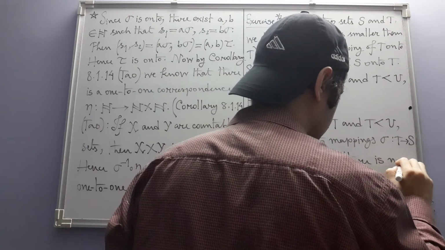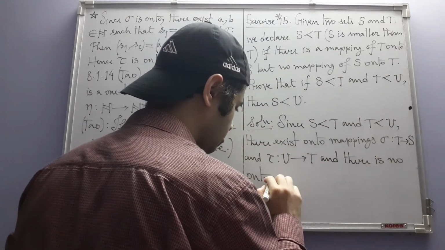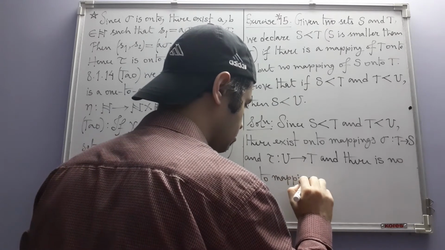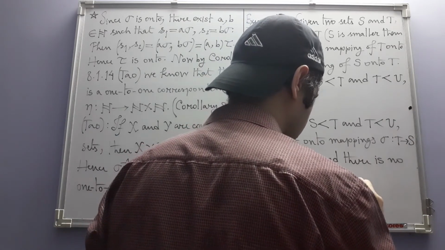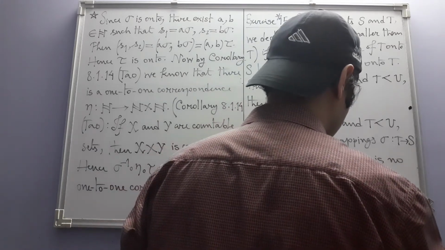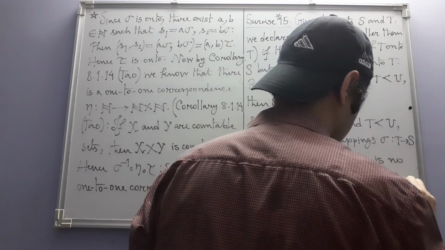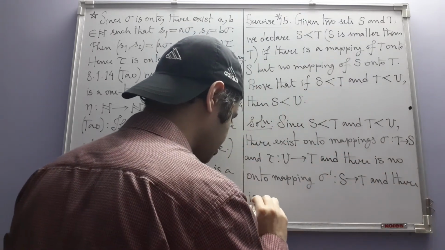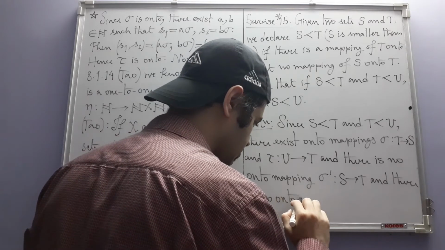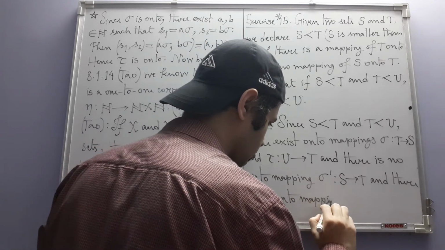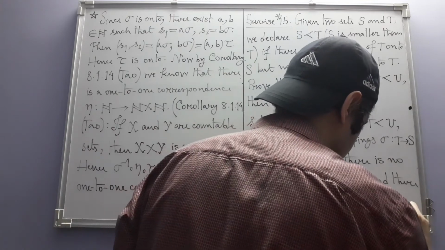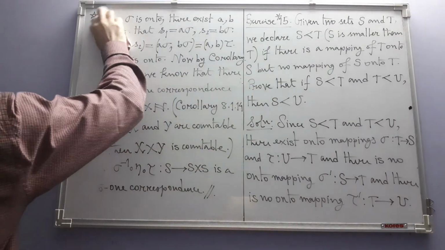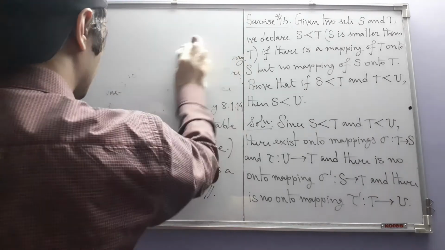There is no onto mapping, say sigma prime, from S to T, and there is no onto mapping tau prime from T to U. Now using this information we have to prove that S is smaller than U.